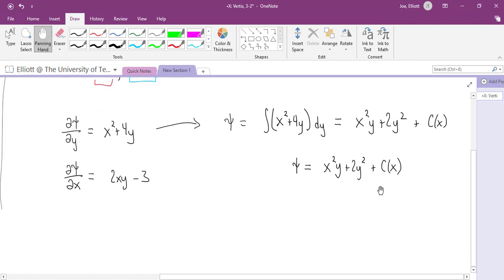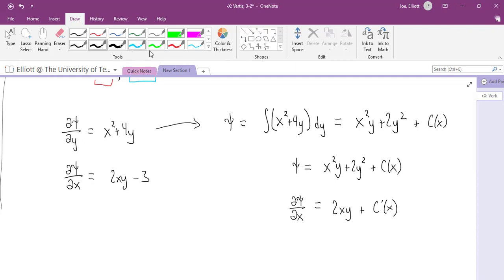So to figure out what c of x is, we want to make use of this second equation that we had as well. So the way that I'm going to make use of this is I'm going to take what we have for c right now, and I'm going to calculate the partial derivative of c with respect to x. So the derivative of this with respect to x will be 2xy plus c prime of x.